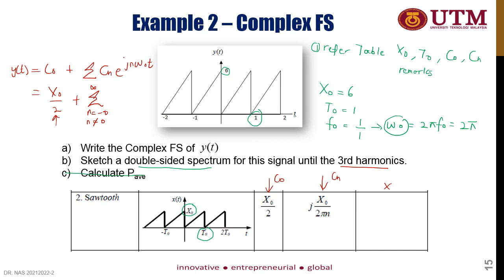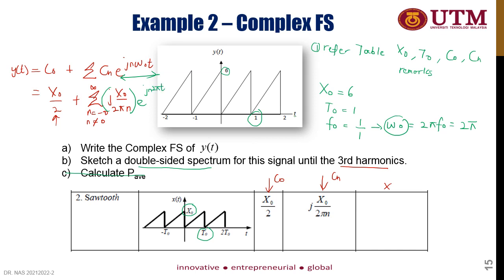So your Cn is j x naught divided by 2 pi n. So this is your Cn. Don't forget the rest of the function, e to the j, and you can put your omega naught 2 pi t.